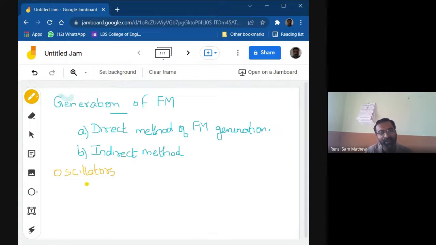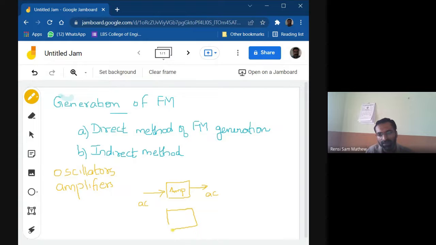In analog electronics, there are two types of devices: amplifiers and oscillators. In an amplifier, you give an AC signal and the output is also an AC signal. This is an amplifier.